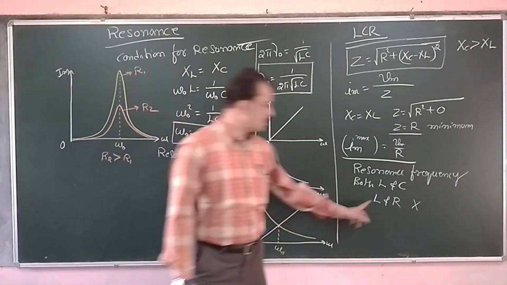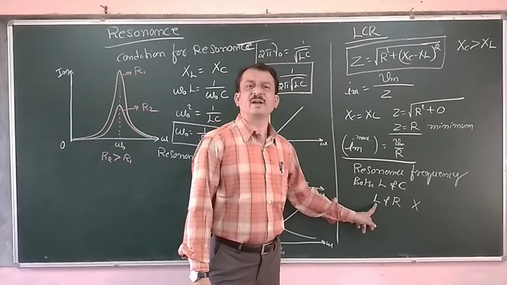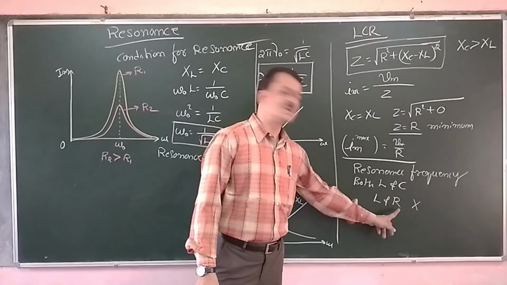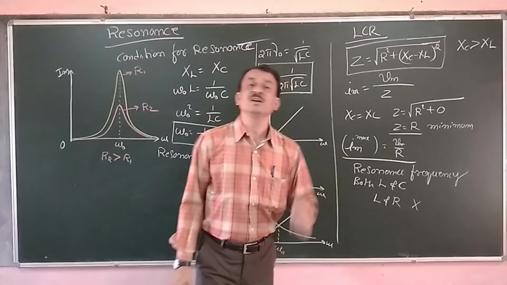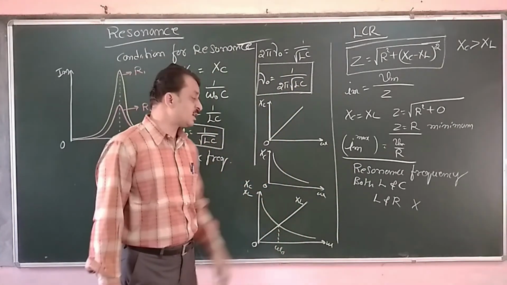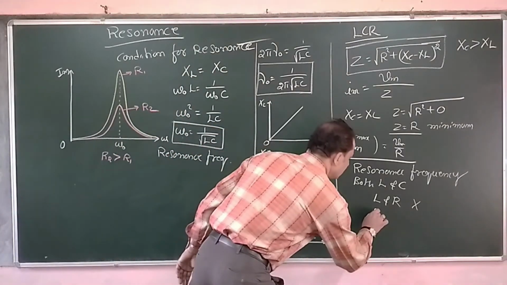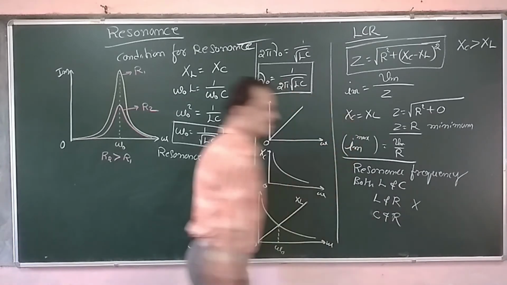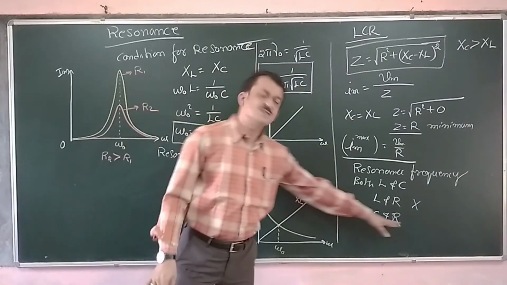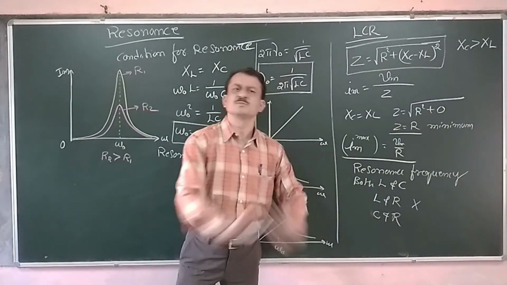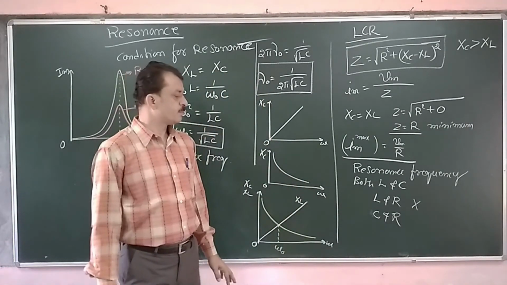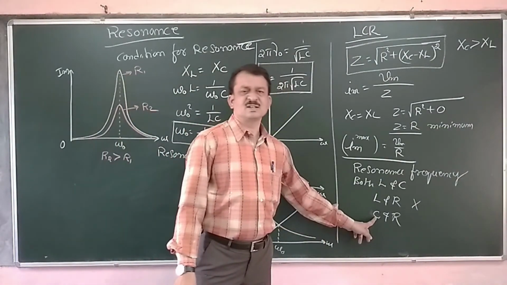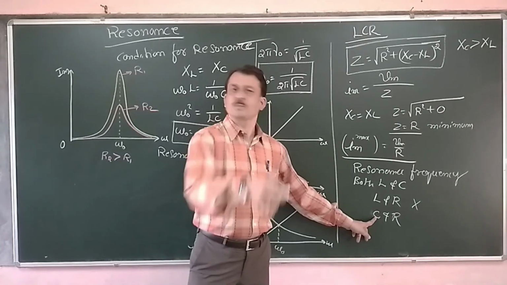Why? Very simple. The inductive reactance depends on the frequency, but resistance does not depend on frequency. It is independent of frequency. Now, if any circuit has a capacitor and a resistor, can you observe the resonance phenomenon? Here also we cannot observe the resonance phenomenon because capacitive reactance is inversely proportional to the frequency.